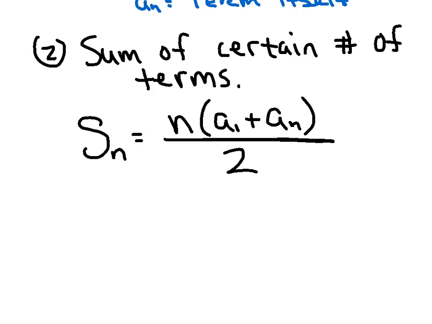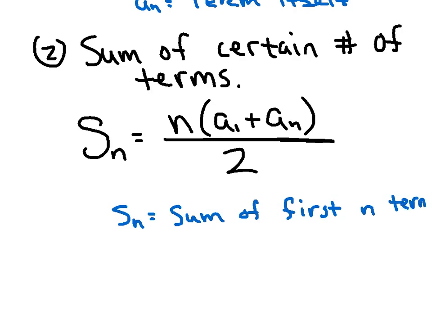As far as clarification goes, S sub n is the sum of the first n terms, a sub 1 is the first term, a sub n is the last term, and n itself is the number of terms in that pattern.